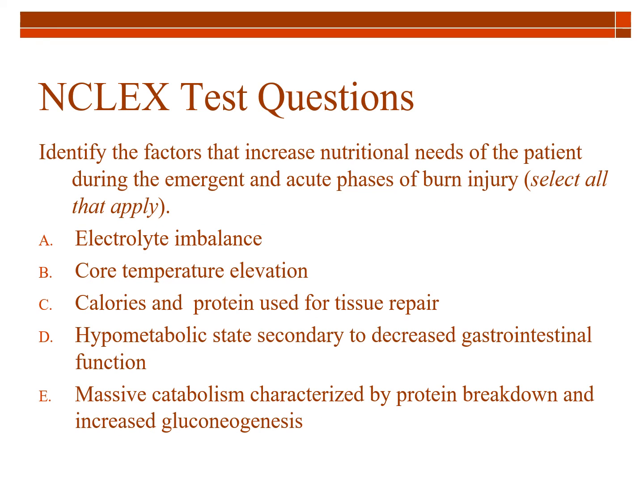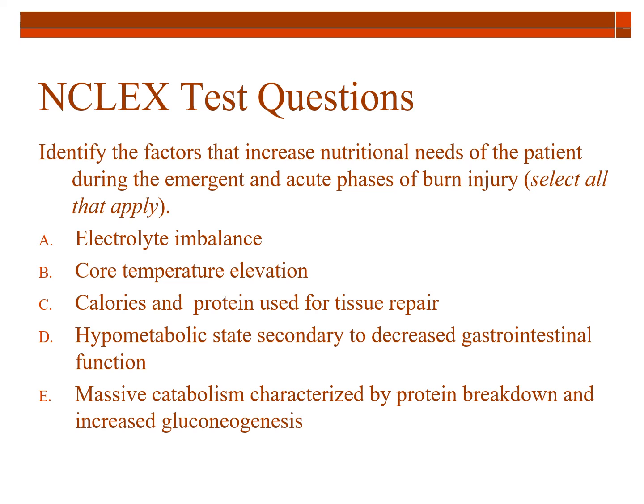Identify the factors that increase nutritional needs of the patient during the emergent and acute phases of burn injury. Select all that apply. Okay, so hopefully you got B, C, and E. There is a hypermetabolic state proportional to the size of the burn, which increases the core temperature.